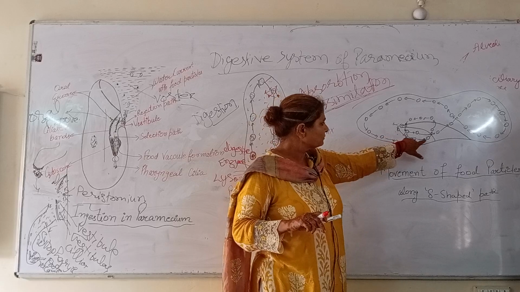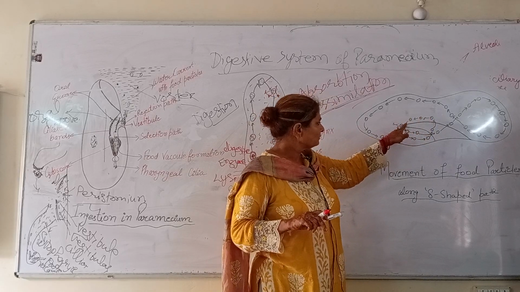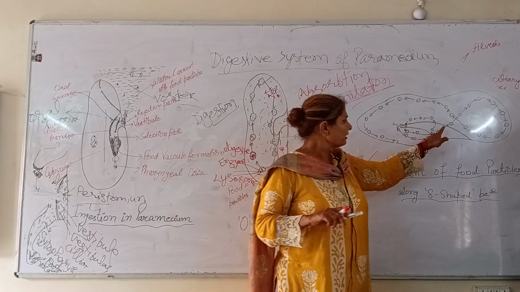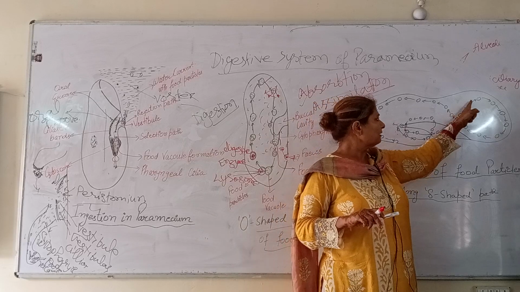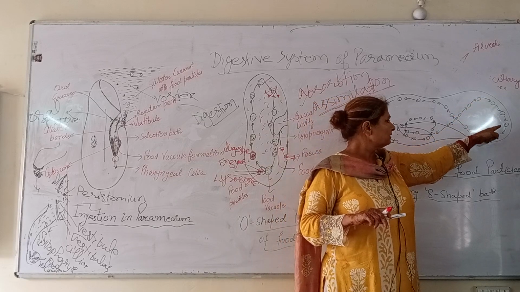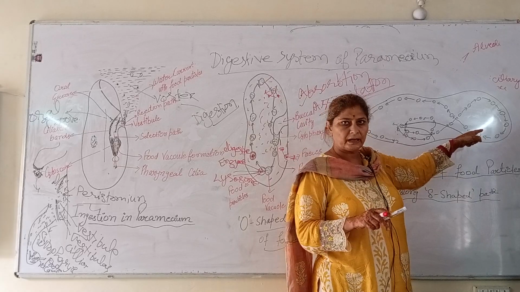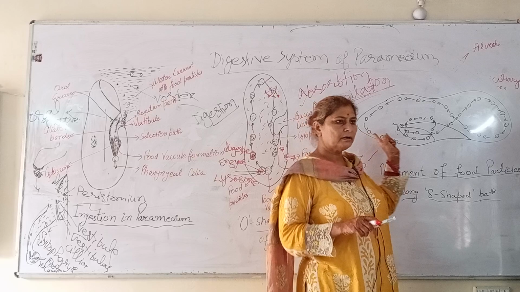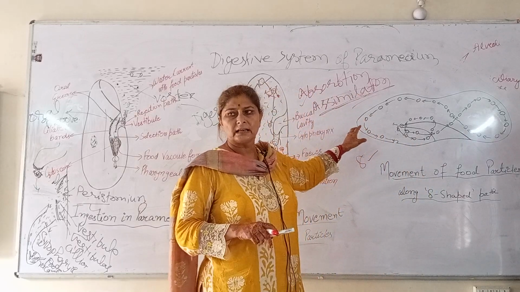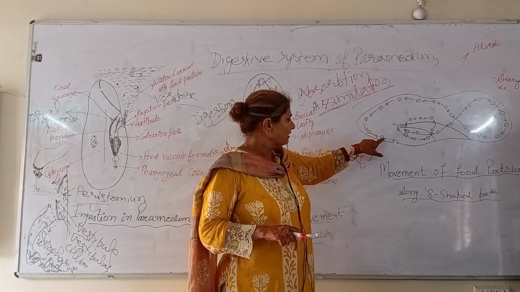It first moves this side, then to the oral groove, moves above the oral groove, then upside, then downside, making a U shape, then crosses it and moves downward toward the slipper side, the pointed side, and then under the slipper.